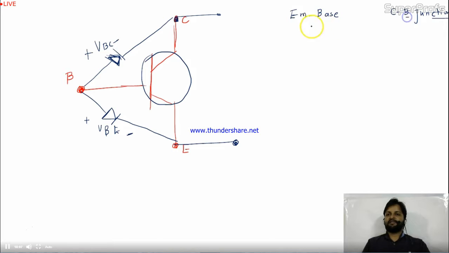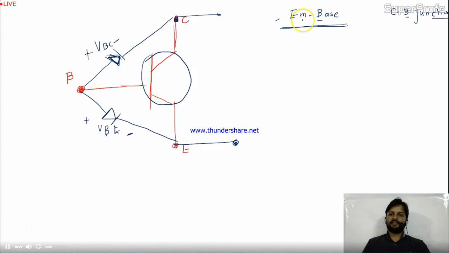The base is the reference, or common part, between them. So this is the emitter-base and this is the collector-base. Now biasing means you have to apply an outer energy source to the circuit.